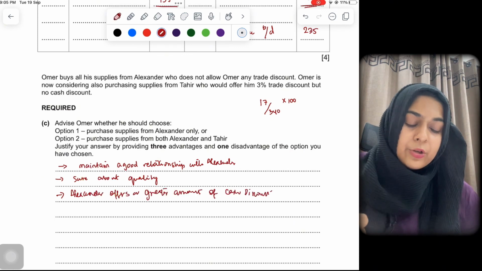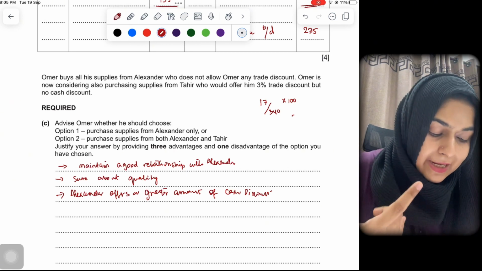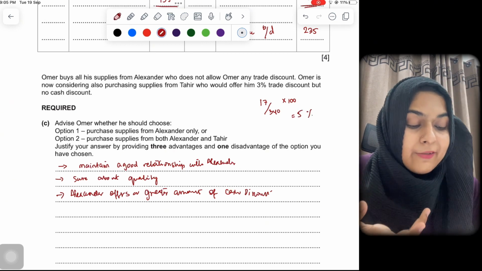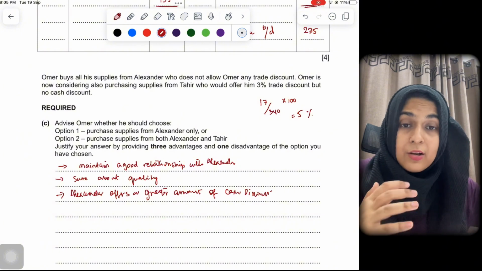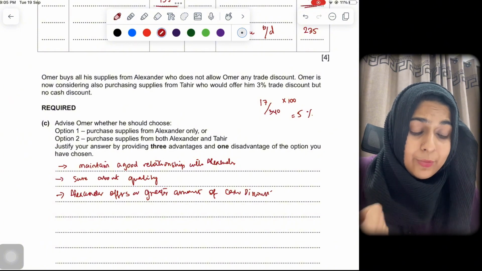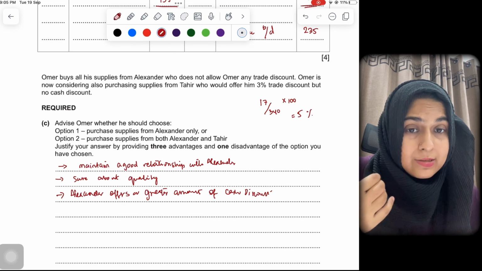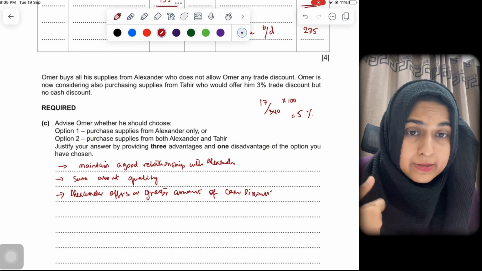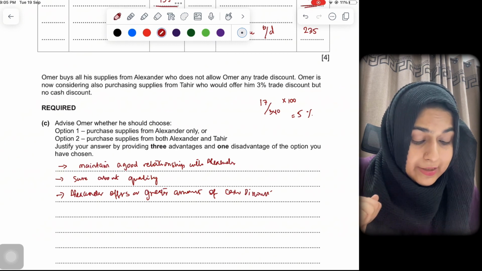If Umar could pay on time, then he can avail a 5% cash discount from Alexander. However, Tahir will only give a 3% discount to Umar, which is less than the 5% discount offered by Alexander.